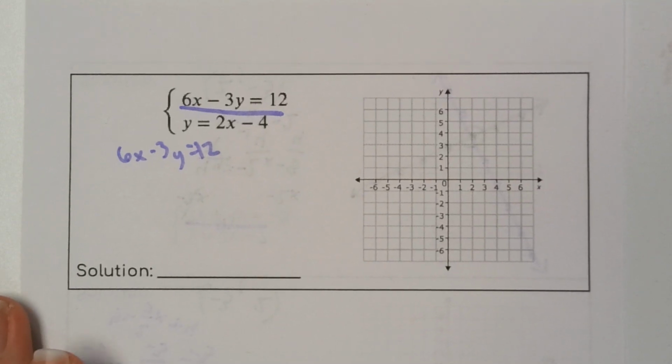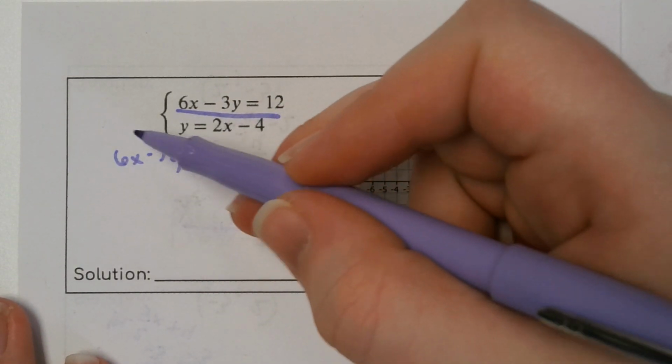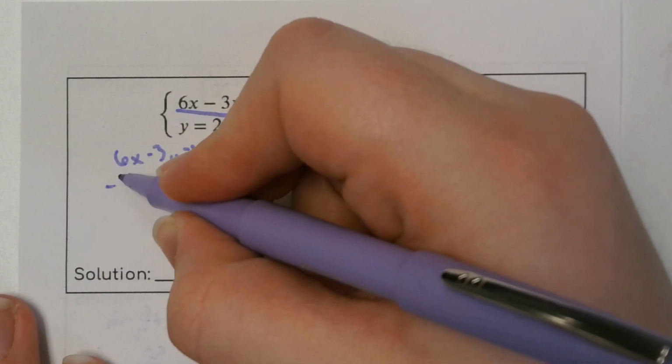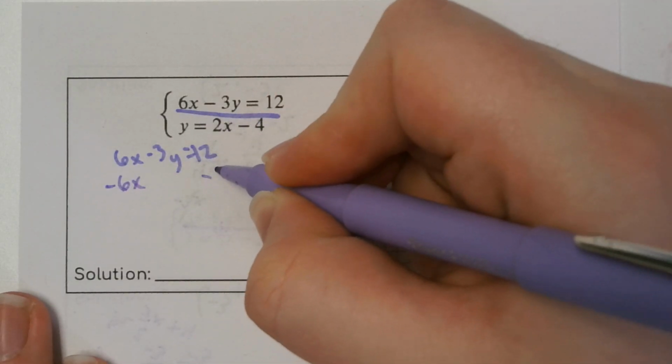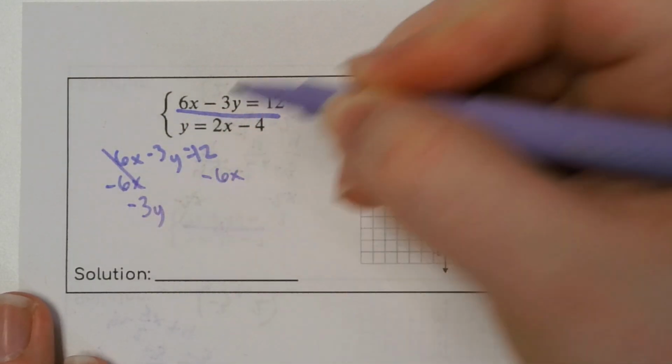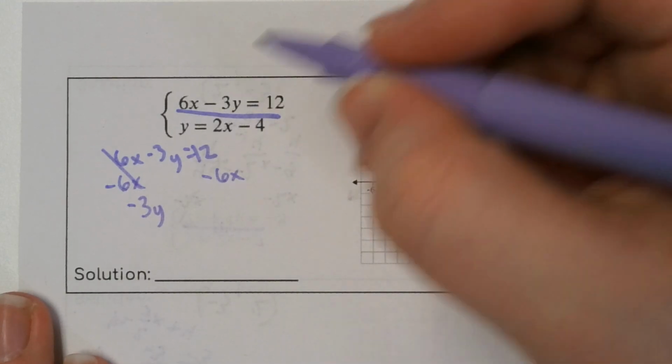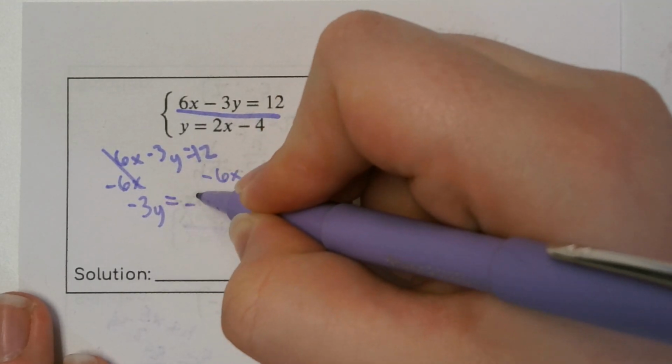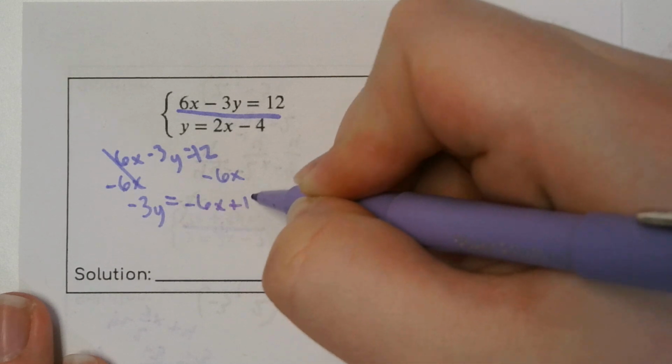So first things first, move the x term. It's a positive 6x, so we're going to subtract 6x from both sides. That leaves us with -3y on the left, and you keep them separate. -6x plus 12.